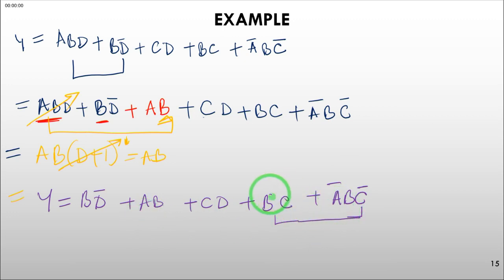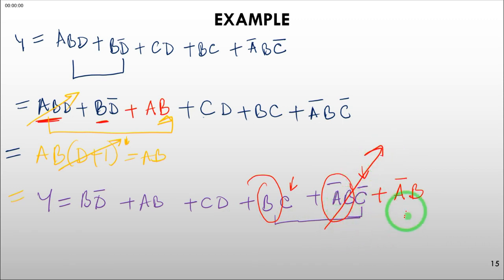We observe that if we take B as the term that is appearing in one form and A bar B as a term that is appearing in one form, then we can see that C is appearing in two forms, C and C bar, which means we can introduce another term which is the product of this, and that term becomes A bar B. And once we have done that introduction, this term simply goes, because when you factor it out, C will be ORed with 1, and that is equal to 1. So our expression of Y becomes B D bar.